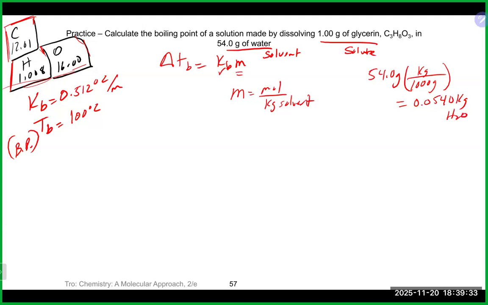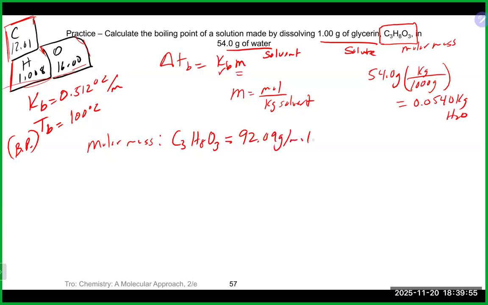For our moles, we have grams and we need moles, so we'll use the molar mass from the periodic table. If we add all that together, the molar mass of our C3H8O3 is something like 92.09 grams per mole.